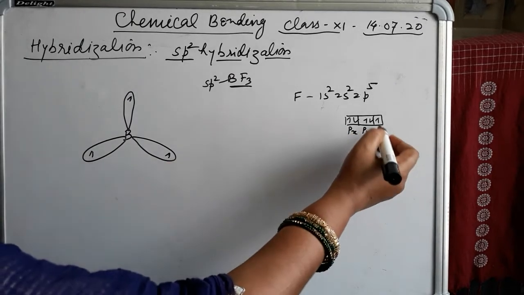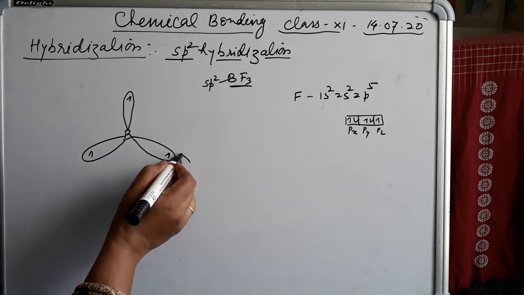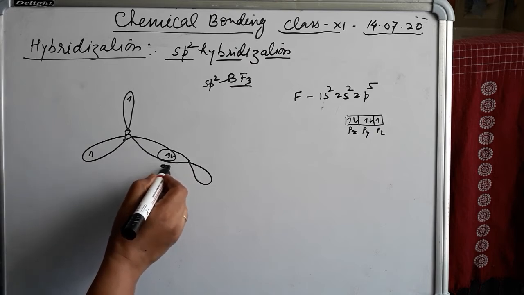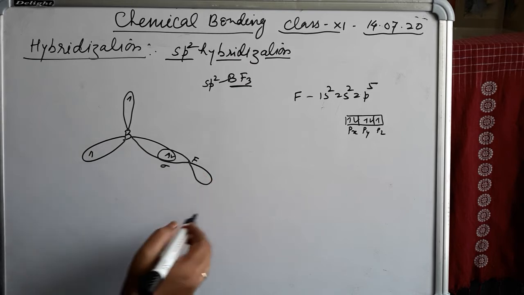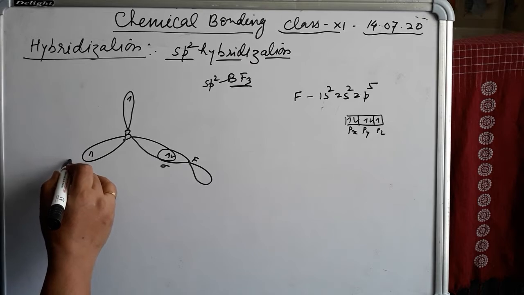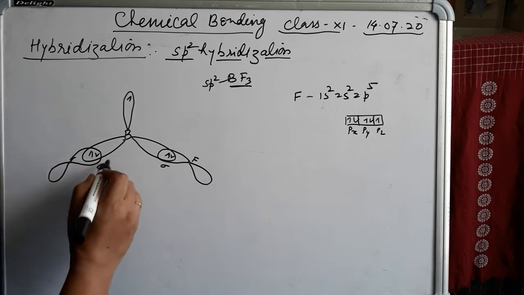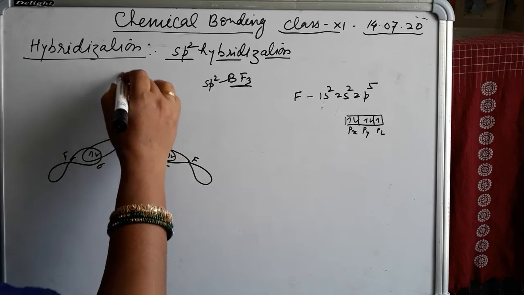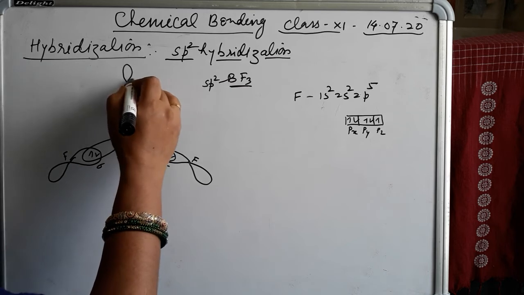So this p orbital which contains one unpaired electron overlaps like this, and forms a sigma bond. Here also overlapping takes place, formation of a sigma bond. This is fluorine, and here also a sigma bond forms, and this is fluorine.